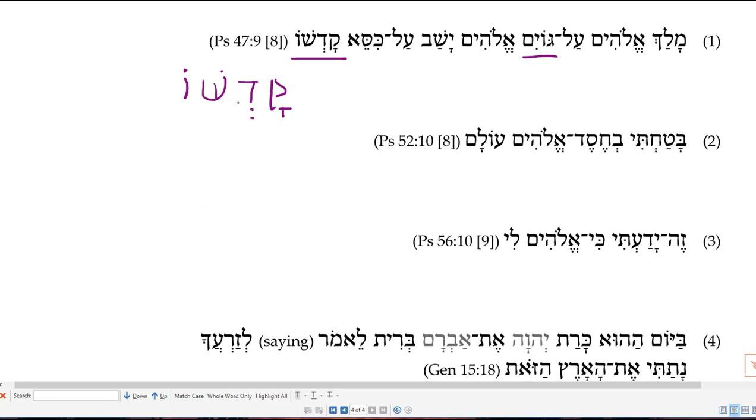Actually, technically a medial shwa, but that's a little bit too complicated for right now. So we get kodsho. So that's a short O. Actually, the textbook would pronounce that kodsho, this qamets hatuf, short O vowel. But in any case, this is the form that we get when we add the pronominal suffix to that noun.